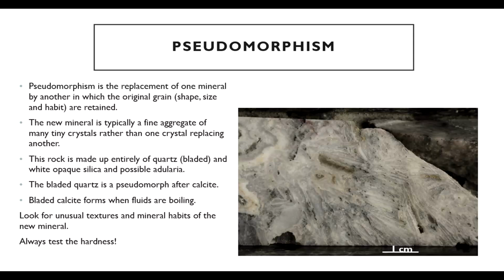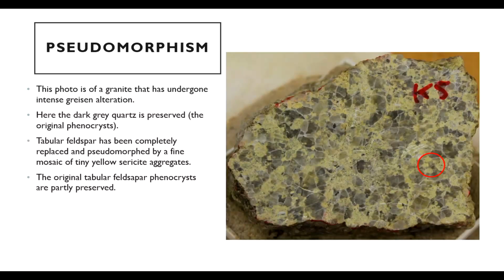So it could be a rectangular form that's an original feldspar, but it's now a new mineral. That's what a pseudomorph is. Here's an example of wollastonite taking on the form of calcite.